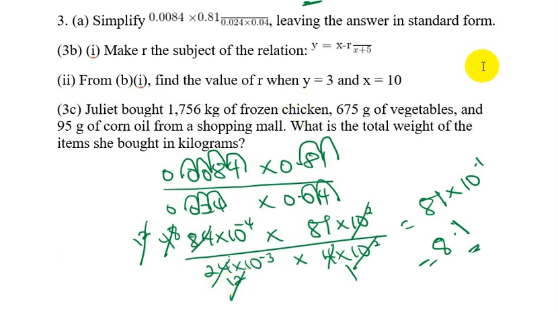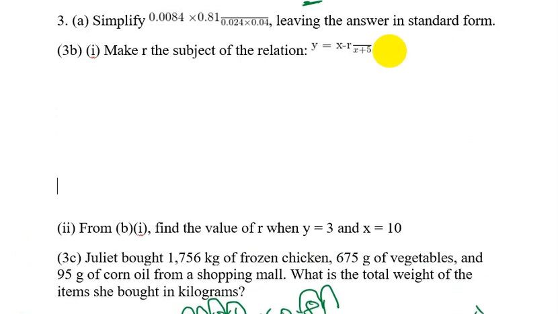Now the B part says that we should make r the subject of the relation. The question is, y equals x minus r on x plus 5, and we should make r the subject. So we have a fraction. Let's clear the fraction.